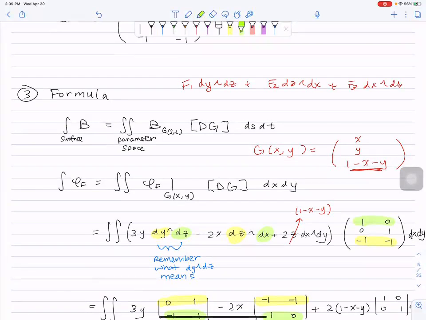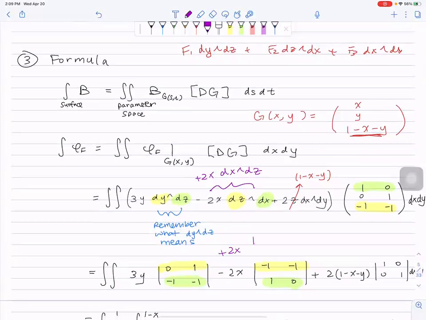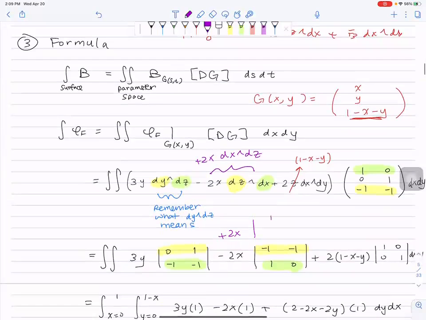So in our equation, if we had dx wedge dz, specifically for this example, it would say plus 2x dx dz. And then you would have the x row at the top and the 0 at the bottom. And they give you the same result anyway.